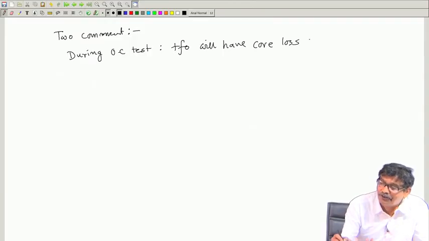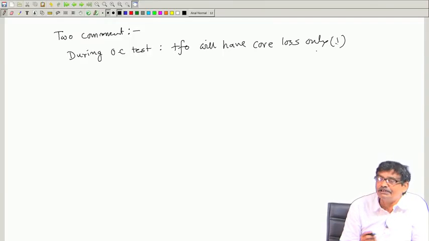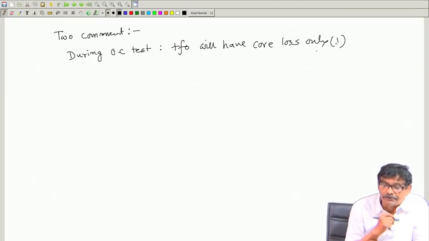Practically, it is not only core loss, because copper loss is neglected, as only little current is drawn.